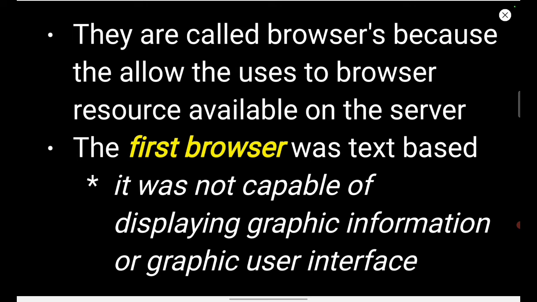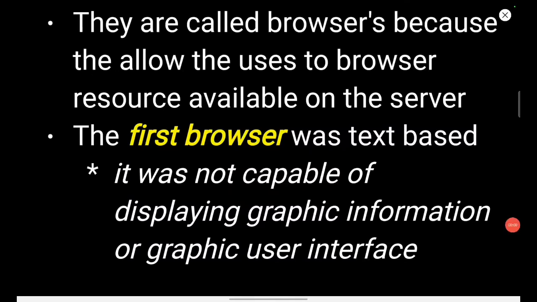He doesn't need prior information about software. But the very first browser was completely text based. It was not capable of displaying graphic information or a graphical user interface, so it was very difficult for a normal person to fetch information with our very first browser.